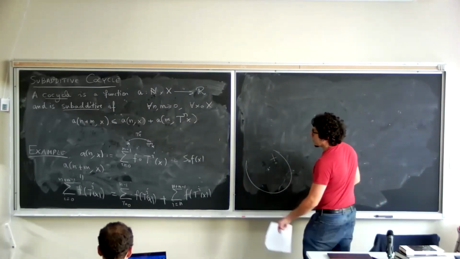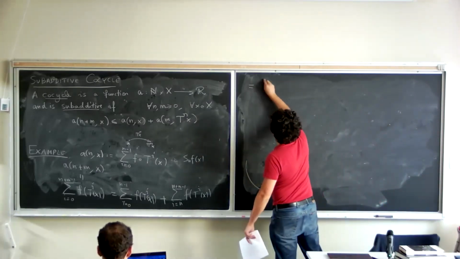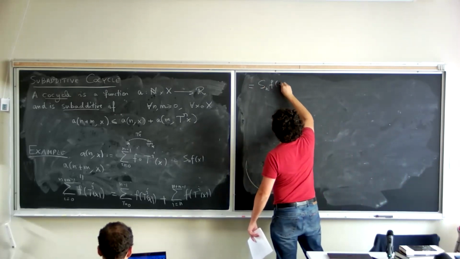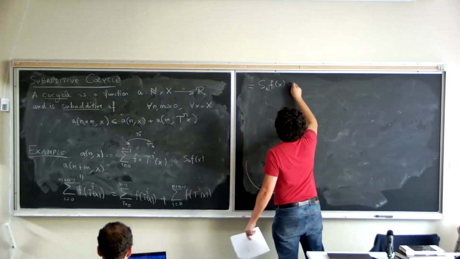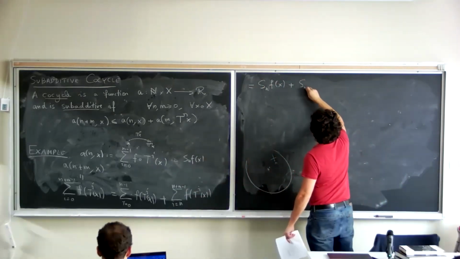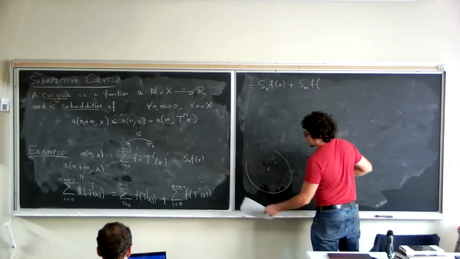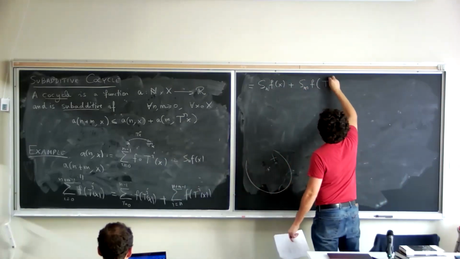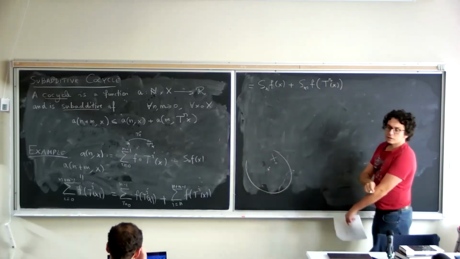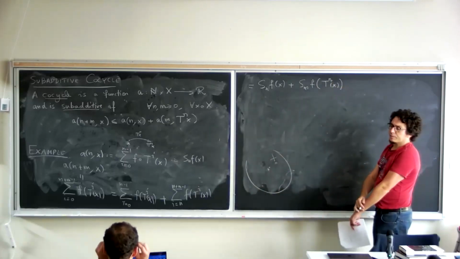So you have that this guy is S_n f of x by definition, and this one is S_m f, but starting from T^n x.